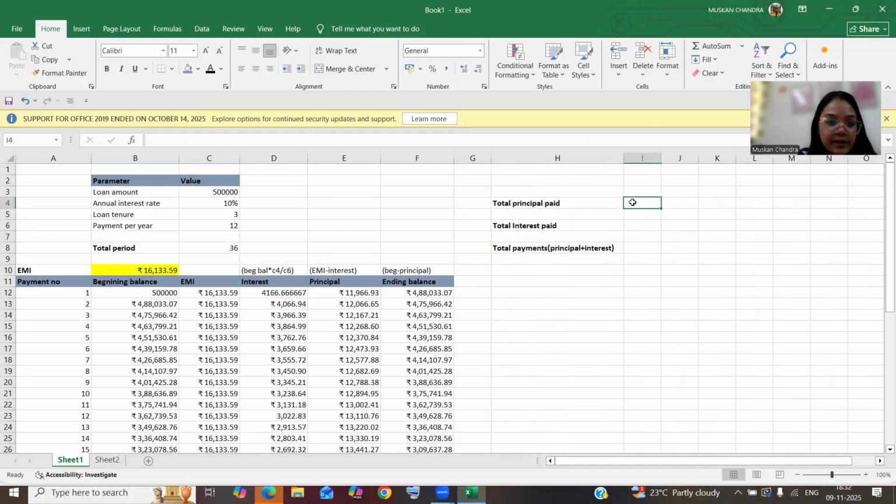So here we have total principal paid is our 5 lakhs. Next, total interest paid that has come is 80,809.42, and so the total payment comes up to equals to this plus this.